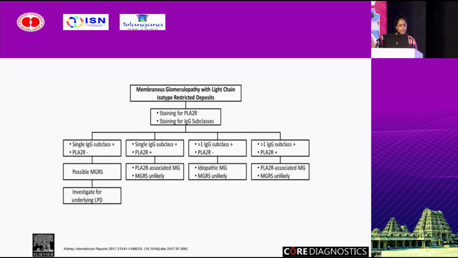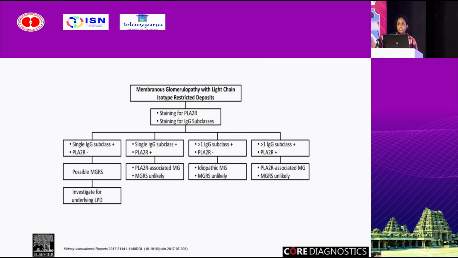Based on their findings, these authors proposed an algorithm to evaluate cases of membranous nephropathy with light chain restriction based on PLA2R and IgG subclass staining. Now, whenever there is a PLA2R positivity, regardless of whether there was staining for a single subclass of IgG or more than one subclass, the authors said that MGRS is unlikely in these cases.